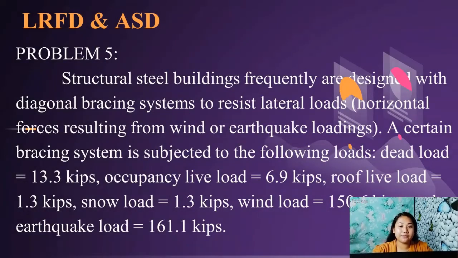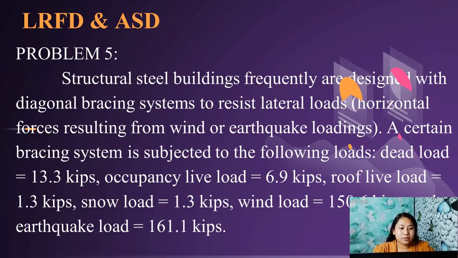Problem number 5. Structural steel buildings frequently are designed with diagonal bracing systems to resist lateral loads, horizontal forces resulting from wind or earthquake load. A certain bracing system is subjected to the following loads. Dead load is equal to 13.3 kilopascal, occupancy live load 6.9 kilopascal, roof live load 1.3 kilopascal, snow load 1.3 kilopascal.